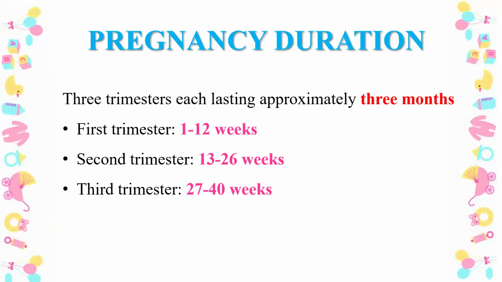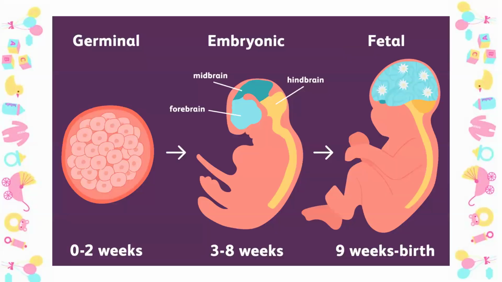Pregnancy duration is in 3 trimesters. 3 trimesters means sets of 3 months, that is 9 months. The first trimester is from 1st to 12th week, the second trimester is 13 to 26 weeks, and the third trimester is 27 to 40 weeks. This is the set of our 3 trimesters.